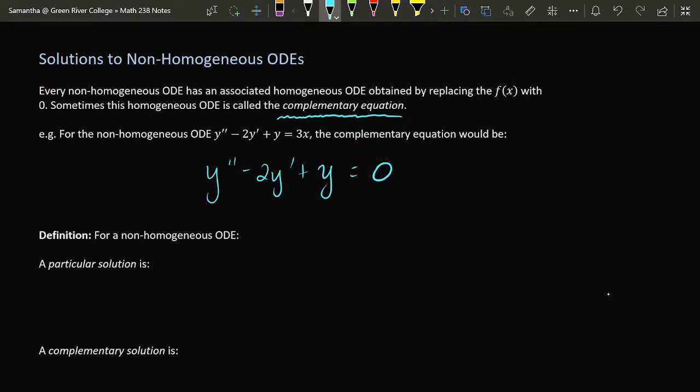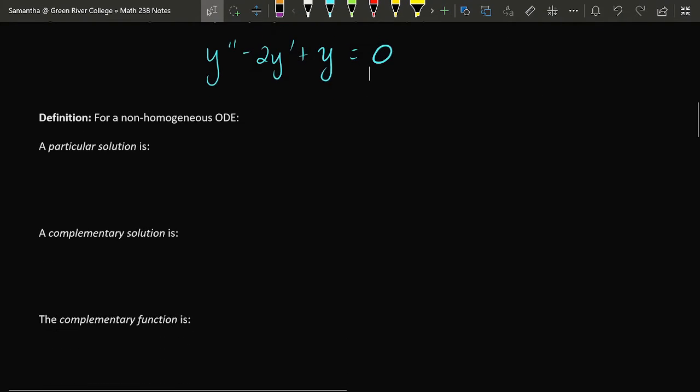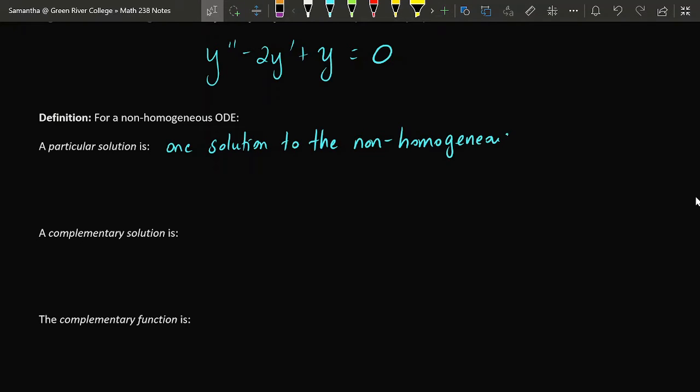Now, in addition to that terminology, we have a few other pieces of terminology that we're going to need in order to converse about non-homogeneous differential equations. Particular solution. A particular solution is one solution to the non-homogeneous ODE. It's not a description of all possible solutions, it's just one solution that you happen to stumble upon somehow.